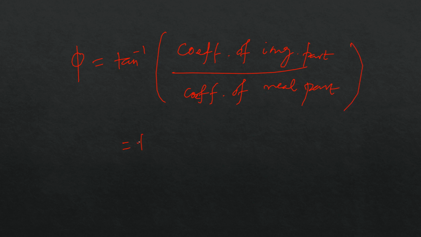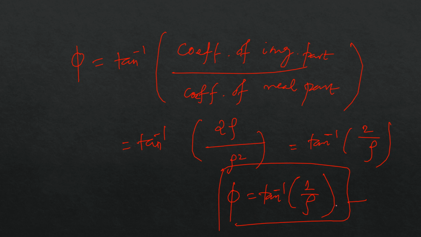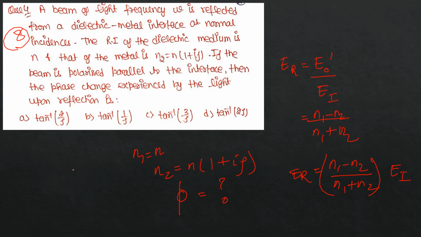That is tan inverse of the imaginary part, 2ρ, divided by the real part, ρ square. This becomes tan inverse of 2 by ρ, which is the answer. Phi is equal to tan inverse 2 by ρ. This is your phase angle. If you check the options, the option is A.